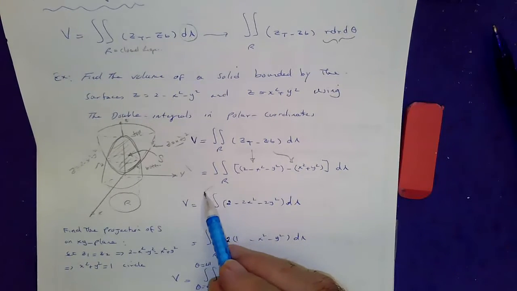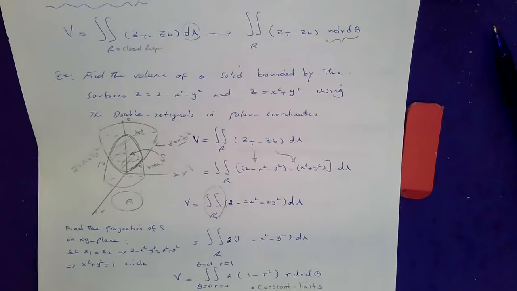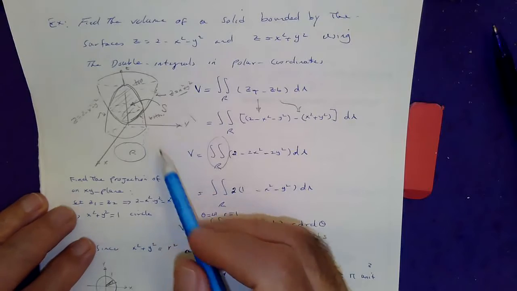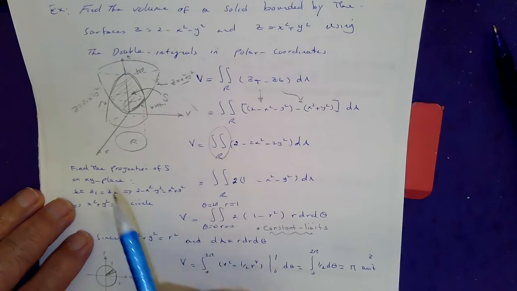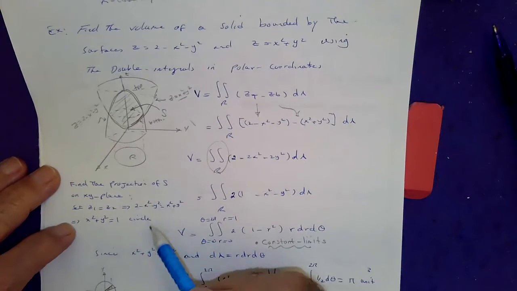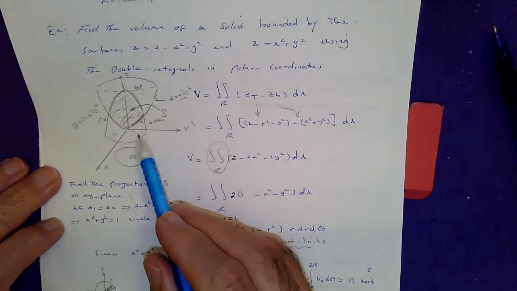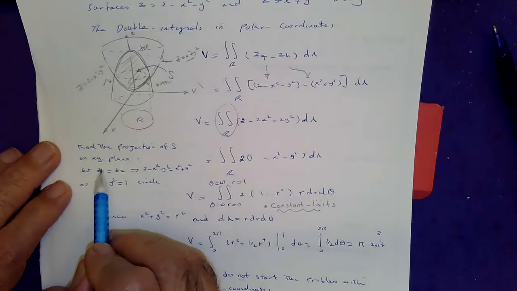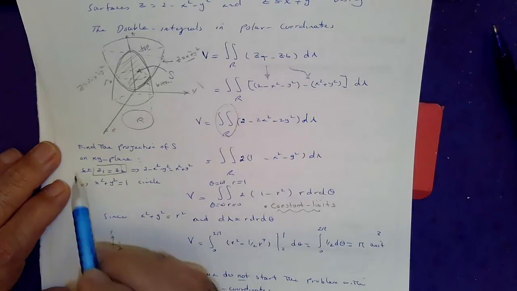Now, as far as the limits, notice I don't have the limits for this double integral yet, because what I have to do is what? Find the intersection of these two surfaces. How do I find the intersection of the surfaces? That's like setting what?